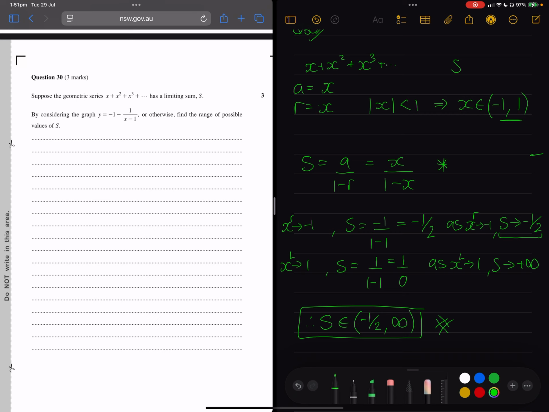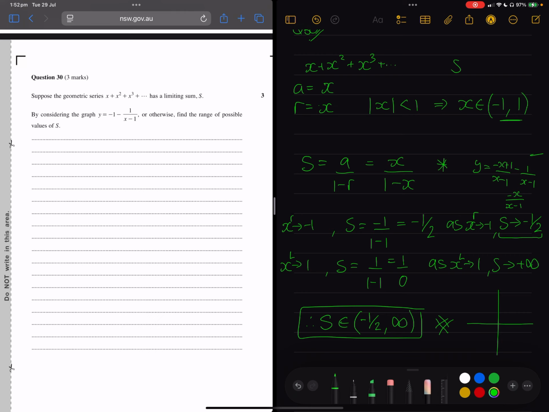So if you drew the function they gave you here, we'll just rewrite the function they gave us quickly. y equals minus x plus 1 on x minus 1. It's minus 1 minus 1 on x minus 1. So this is actually minus x on x minus 1.